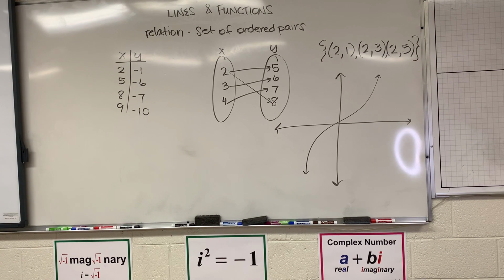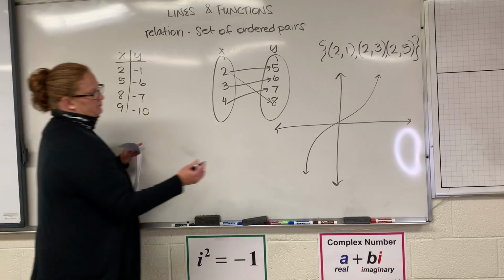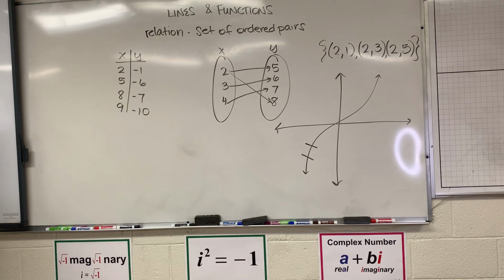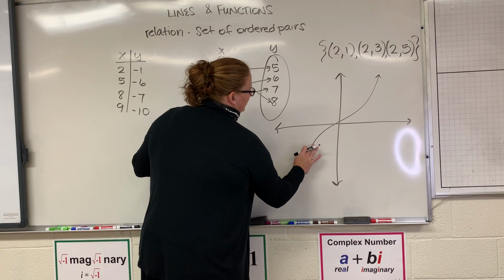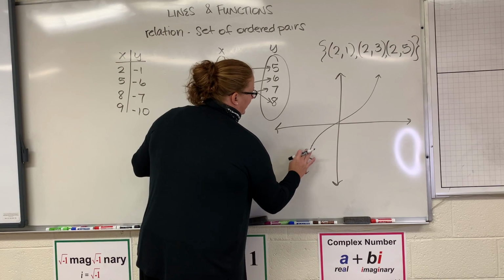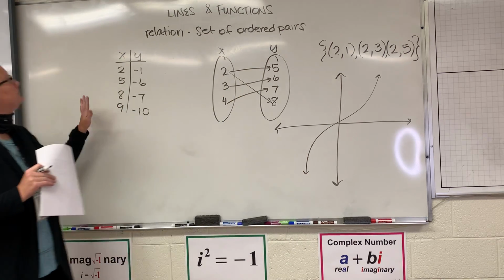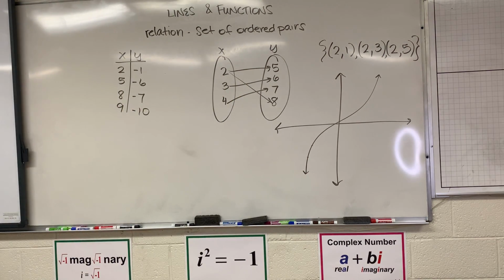How many ordered pairs are on that line? Infinitely many. Right there in that section, how many ordered pairs are there? Infinitely many. So, way too many to write. Any question about our relation? We got graphs, lists, this thing, table. Alright.